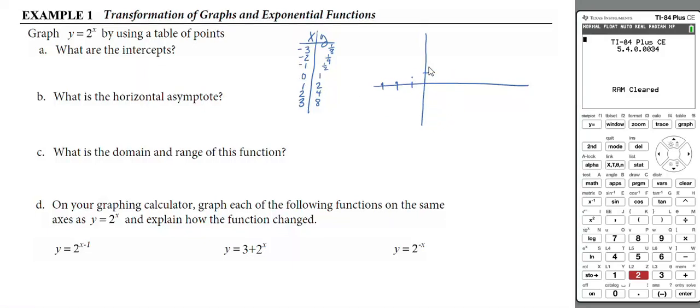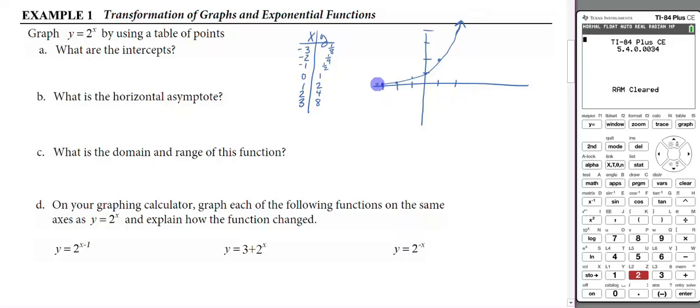At 0, we've made it to 1. Then 2, 4, and by 3 we're already up at 8, off my graphing grid that I have shown. So we see that this will continue to increase without bound to the right.